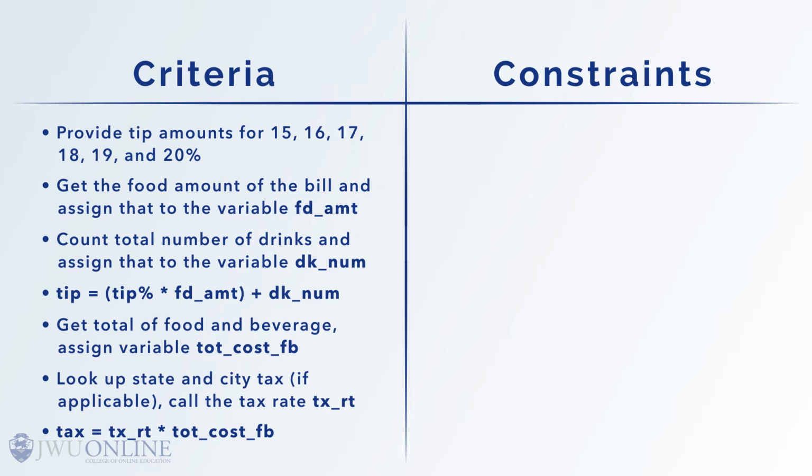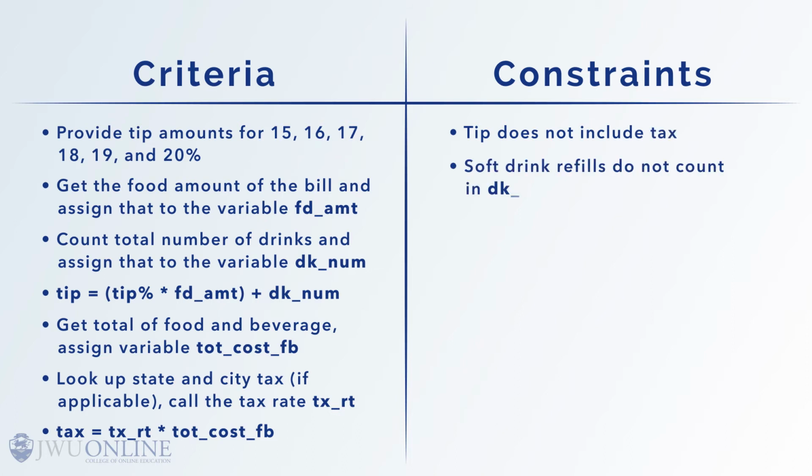But hold on, not so fast. We do have some constraints to consider. First, the tip is computed before the tax. Second, soft drink refills do not count in the number DK_NUM calculation because you typically don't tip on refills for soft drinks.